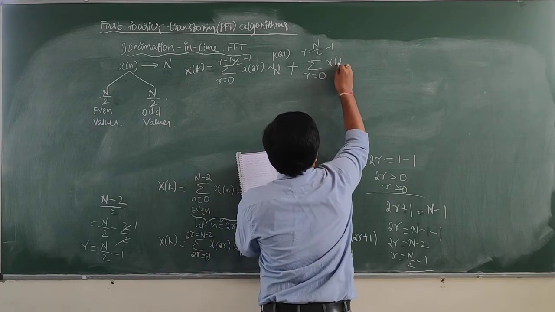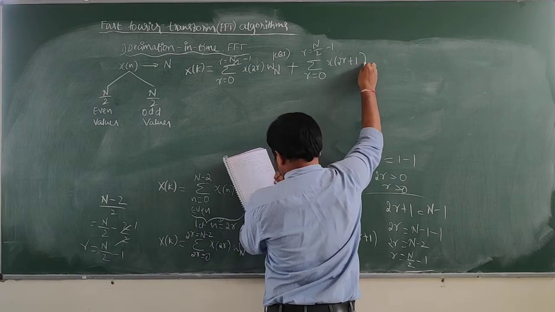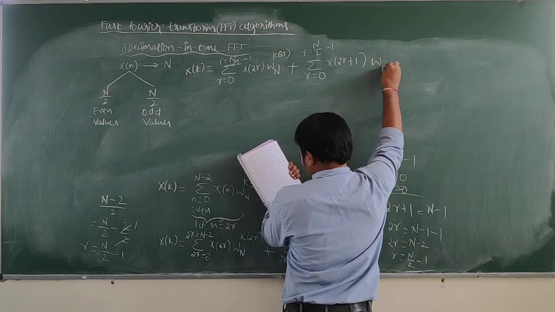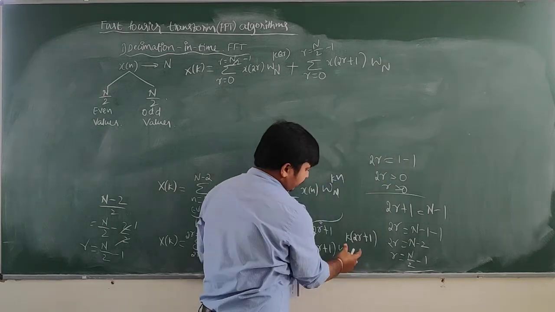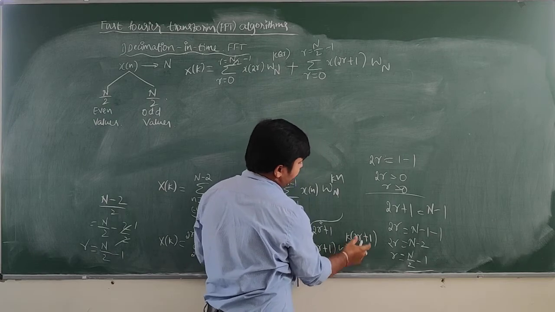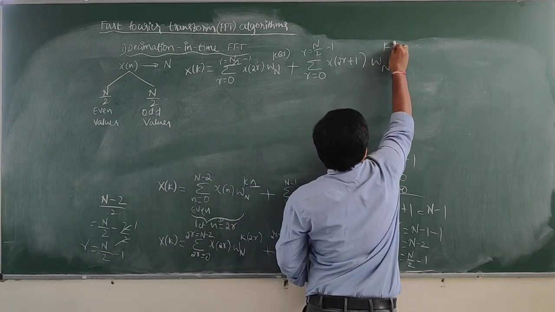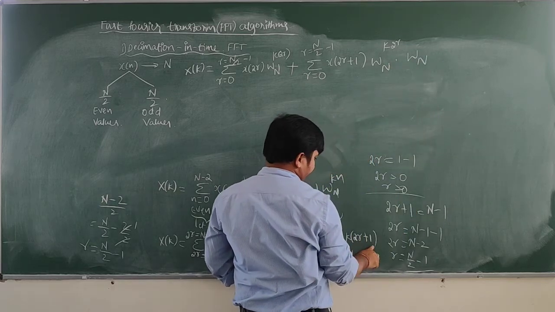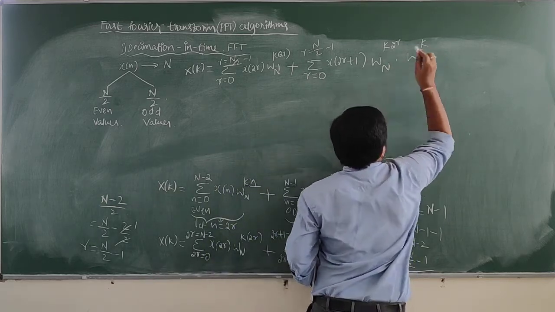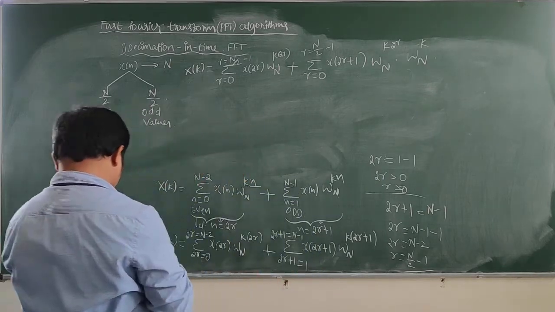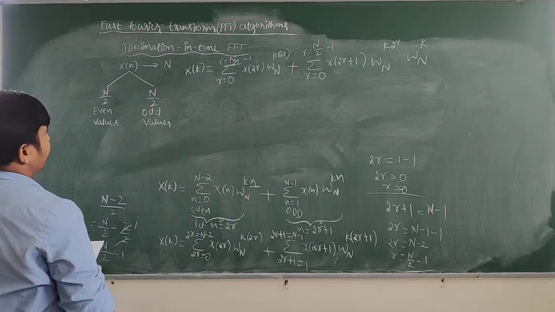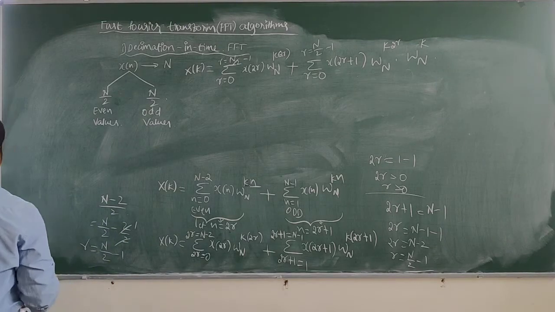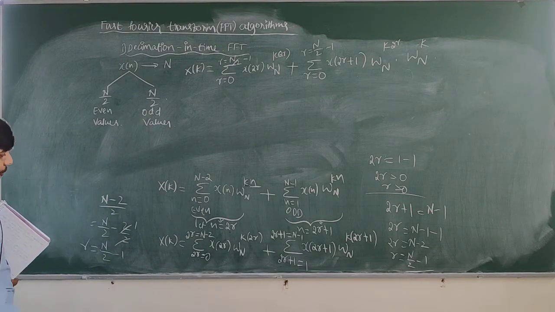Therefore r is equal to n by 2 minus 1. X of 2r plus 1 into Wn power. So I split this power. Okay, so Wn power k into 2r into Wn power k multiplied by k. Okay. So here I will compute this for 8-point DFT.